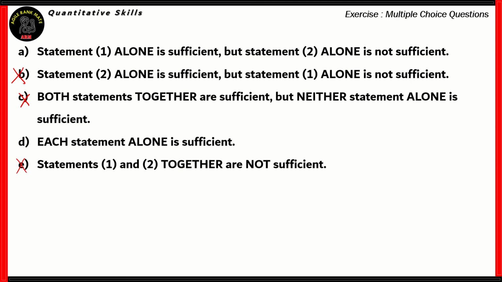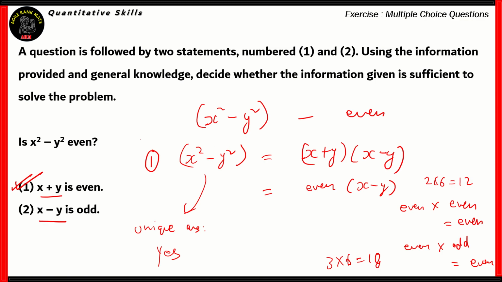So we do have two options here, and they depend on the sufficiency of statement number 2. Is statement 1 sufficient, but statement 2 is not? Well, let's look at statement number 2. In statement number 2, x minus y is an odd number.